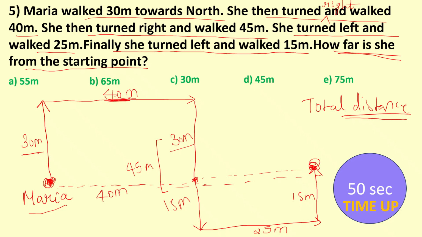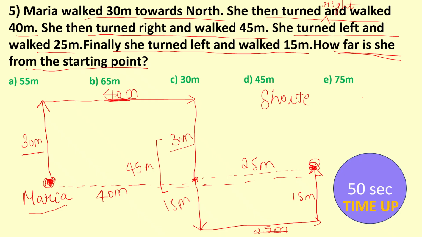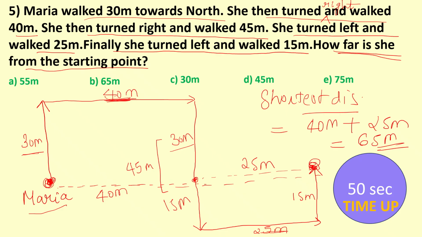If this is 25 meter here, then this will also be 25 meter. So shortest distance will be 40 meter plus 25 meter, that will give you 65 meter. B is the correct option.